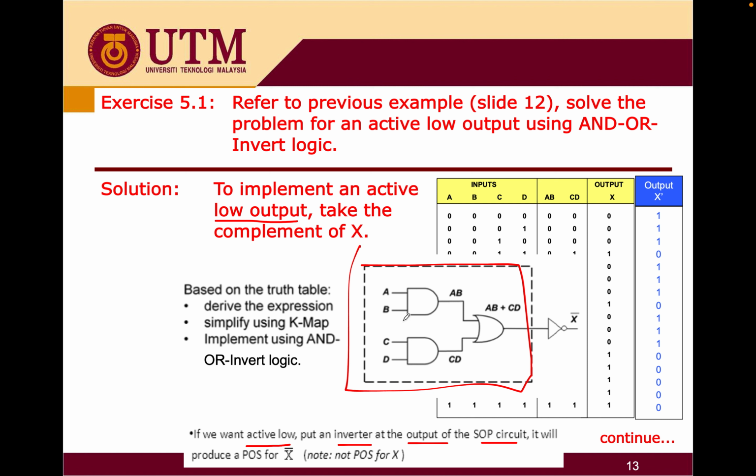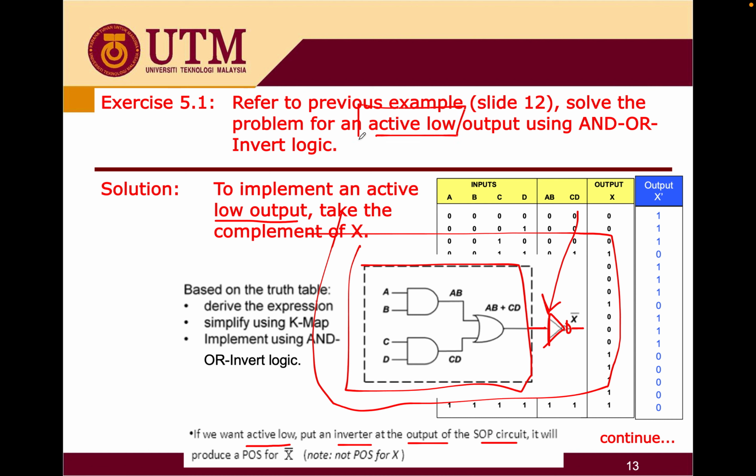If you want an active low, you have a NOT gate or inverter there, and the combination of all of this is called AND-OR-inverse, to put the active low like this using AND-OR-inverse.